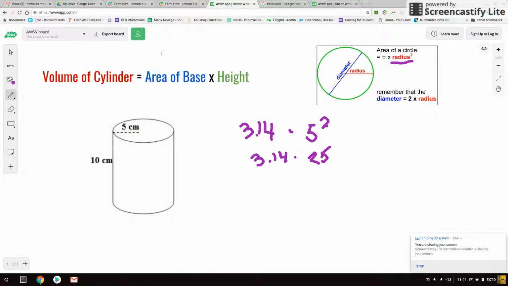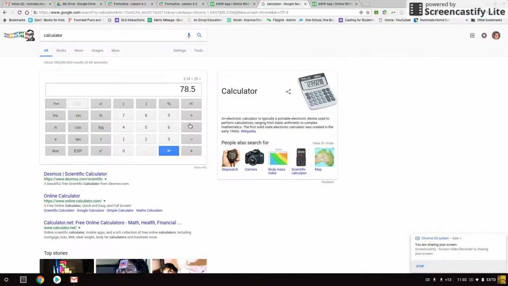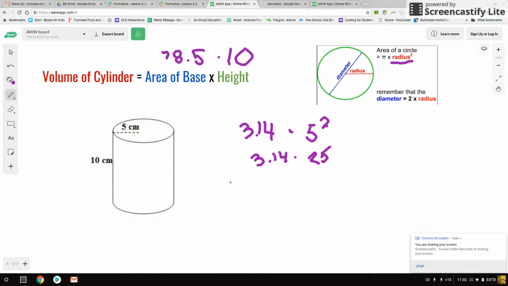So our area of our base is 78.5. Now we're going to multiply that by the height. Well, we can see that our height is 10. So 78.5 times 10. Well, 78.5 times 10, that's pretty easy. We just move our decimal. But if I wanted to check, multiply it by 10, we get 785.